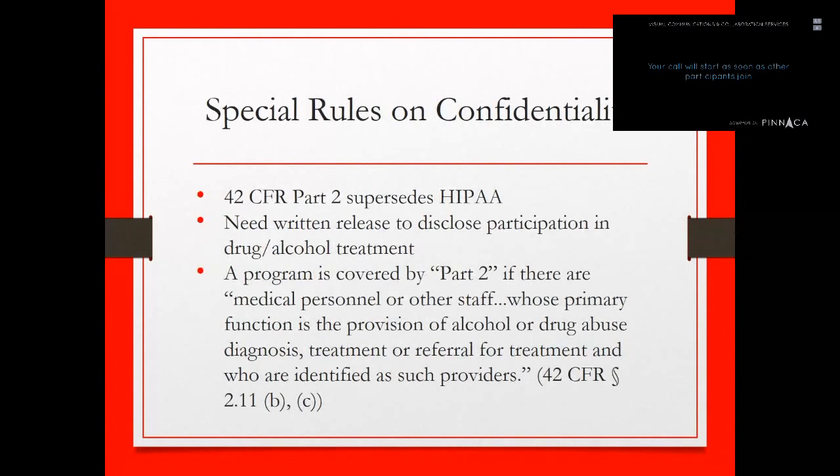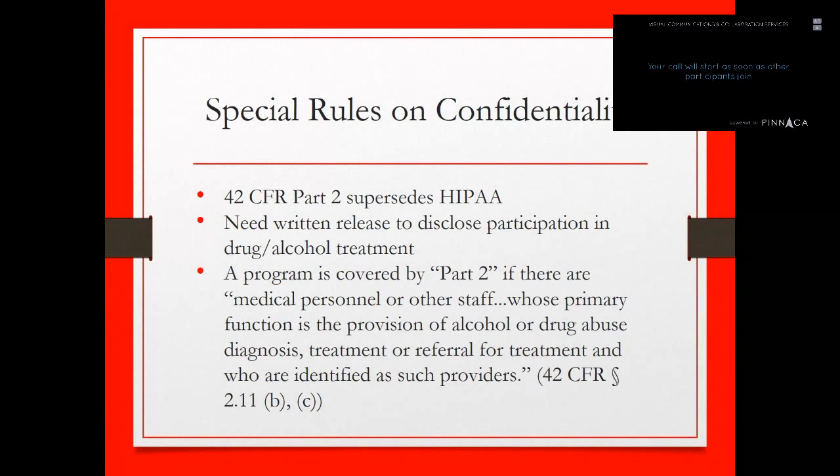It's a reminder about confidentiality. There's a federal law called 42 CFR Part 2, which basically governs programs that have dedicated staff who are assigned to do addiction treatment. A program is covered by Part 2 if there are staff members whose only job, or whose primary function, is to do drug and alcohol treatment.